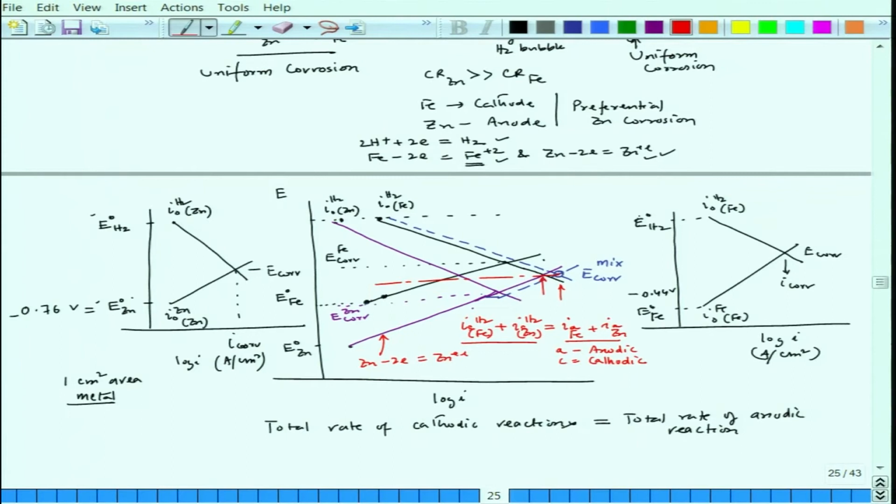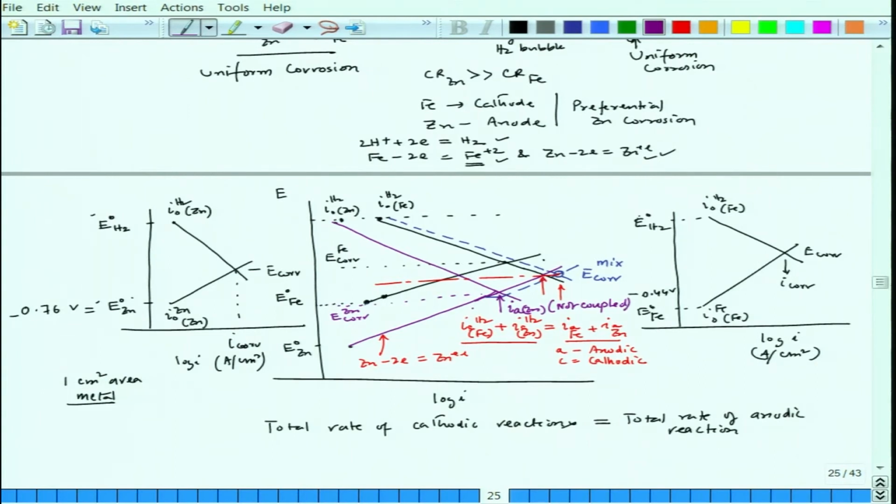Now, you could see that previously the corrosion rate of zinc was individually here, which is I A zinc when it was alone, not coupled.